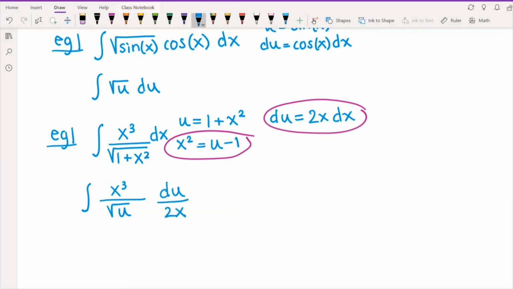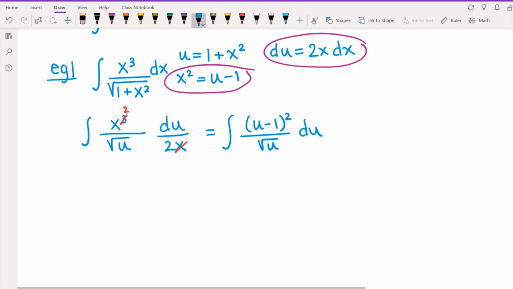And so this x here would get rid of one of these x's, and then you could rewrite the x squared in the numerator as u minus 1. And then from here, you could just evaluate it by expanding the numerator and splitting up the fraction as we saw in an earlier example.